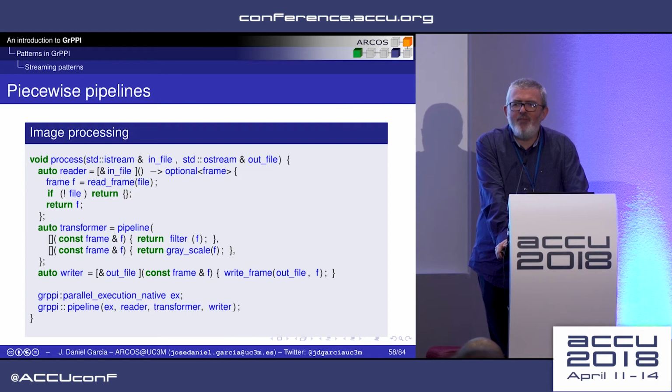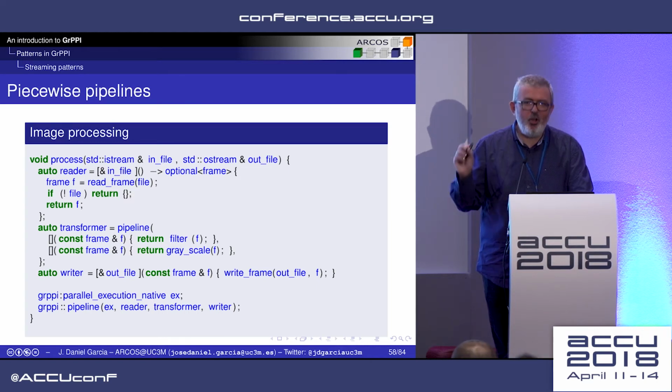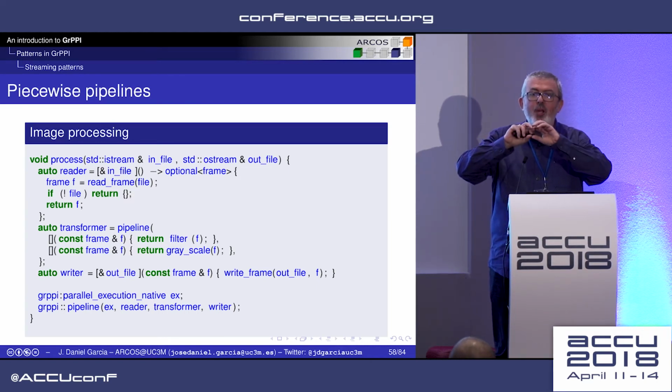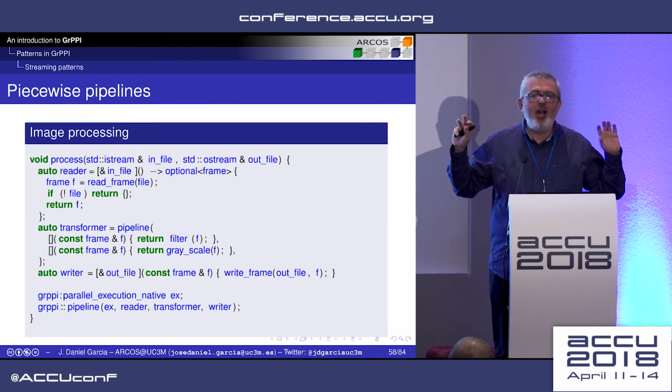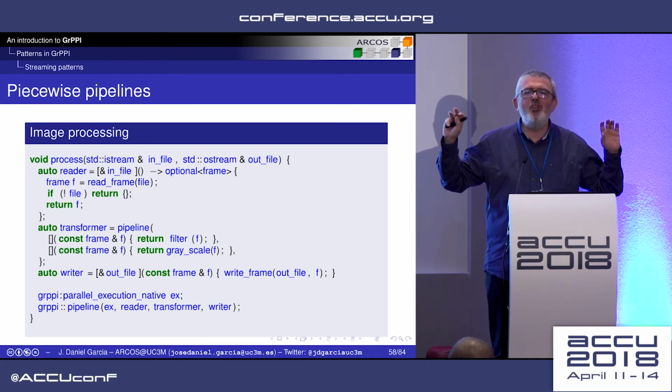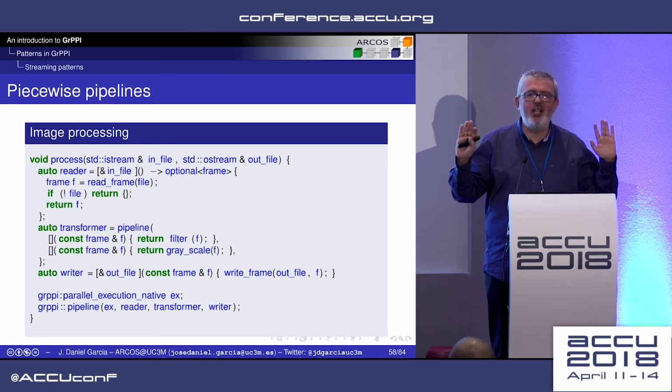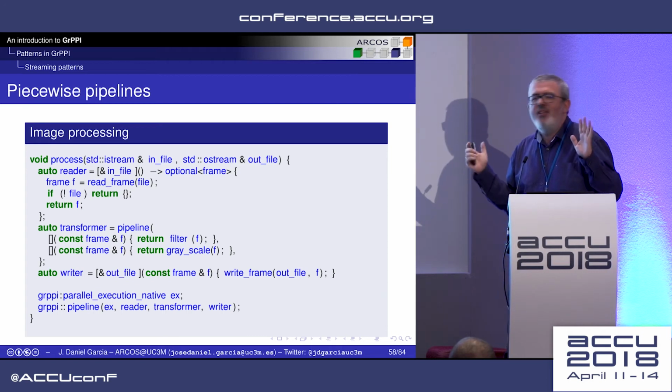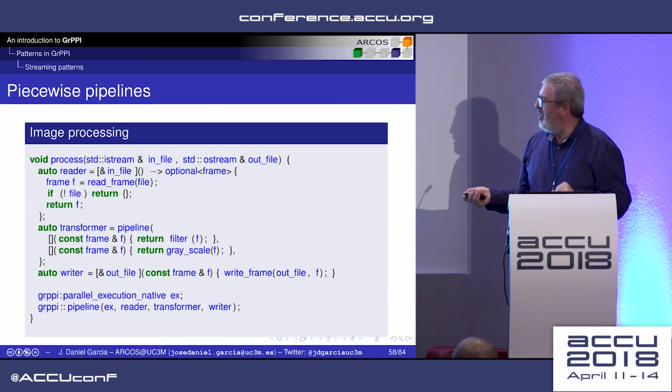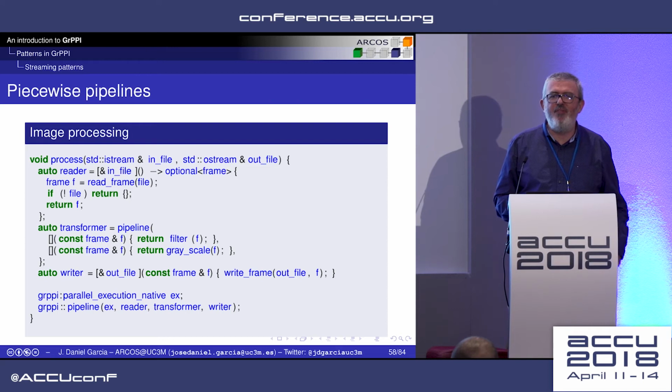Okay, we have some options, but not so general. So the idea is that what we have is a pipeline. What we don't have today, it's in our shopping list, is a generalized graph. But we don't have a generalized graph today, although we have some things. So one of the things that we have is a farm.